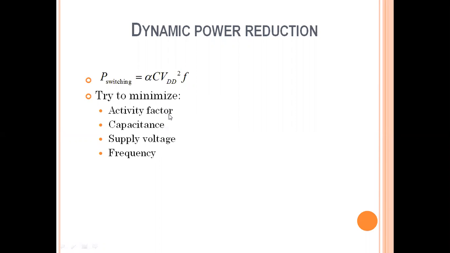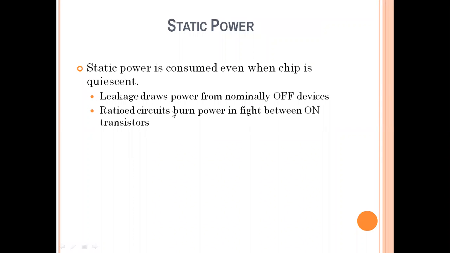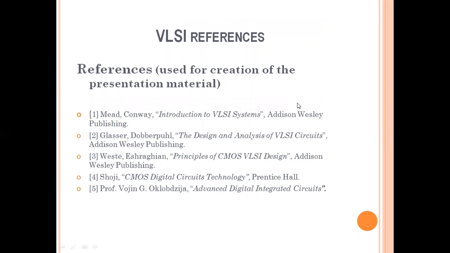So we can reduce the power consumption. This is the definition of static power: static power is consumed when the chip is quiescent. Leakage draws power from nominally off devices.